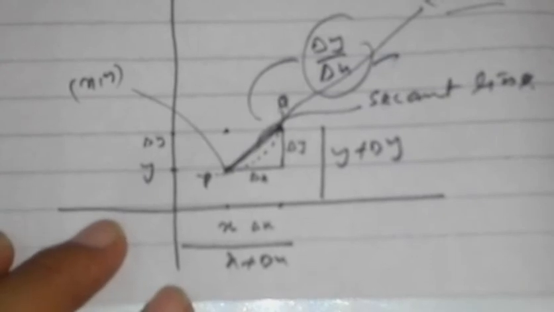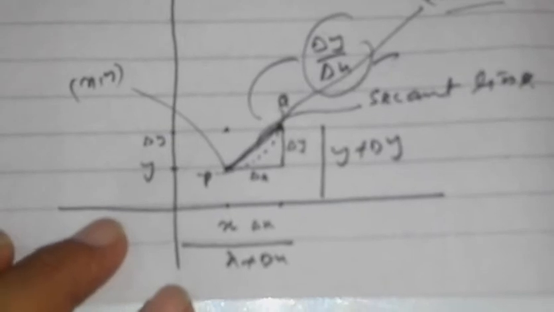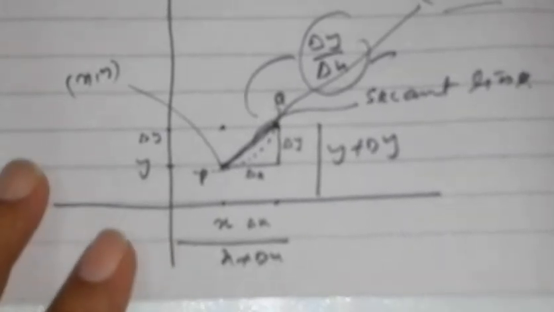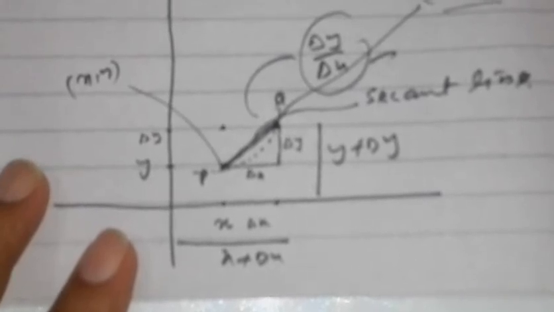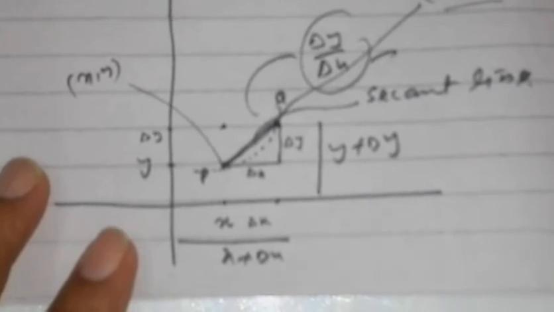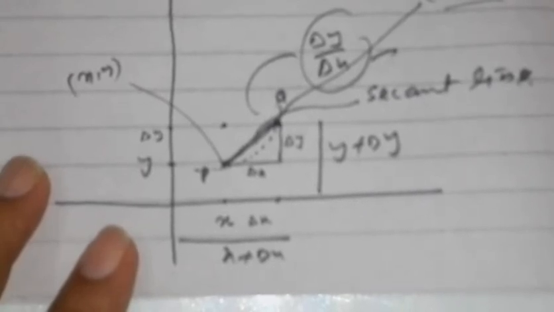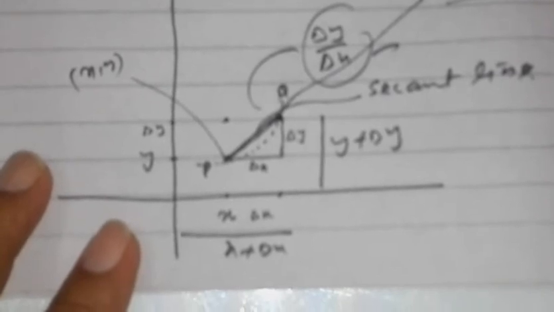The slope of this secant line PQ is the average rate of change in y, or the dependent variable, per unit change in the independent variable, which is x, del x. Now we will solve the exercise question by this formula.